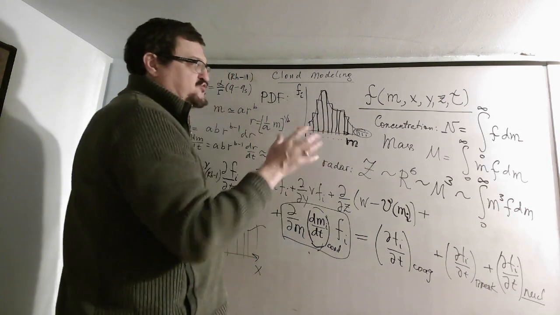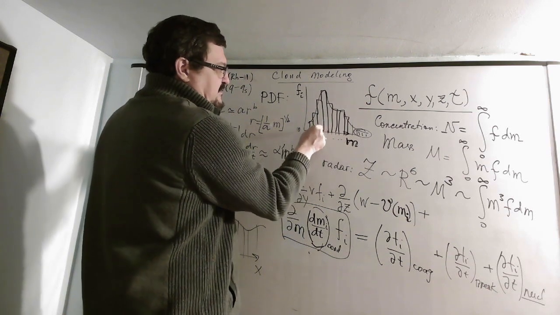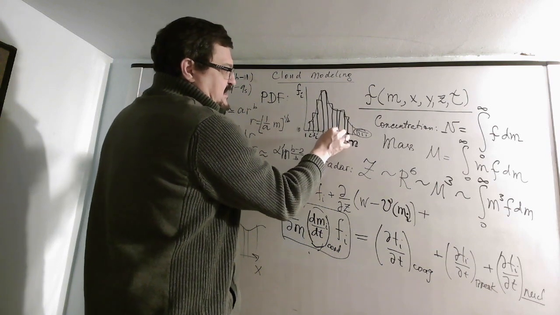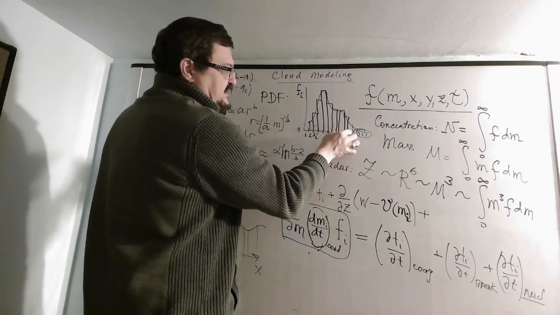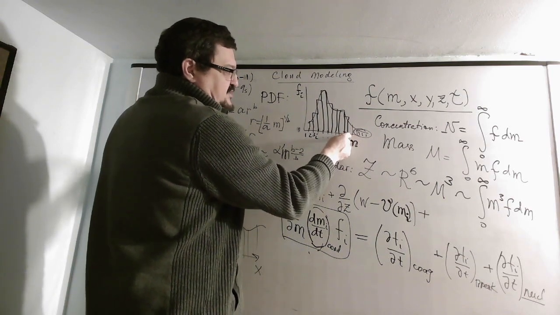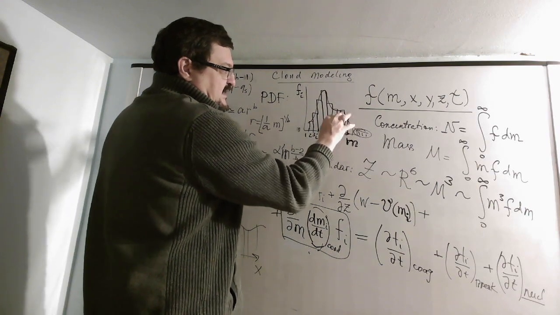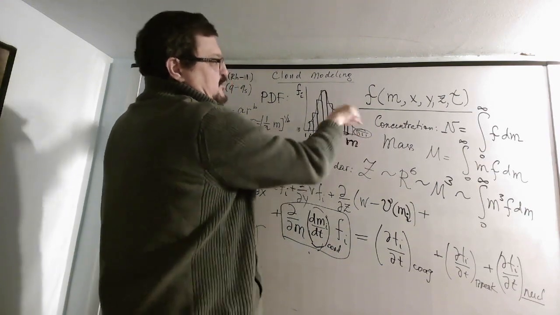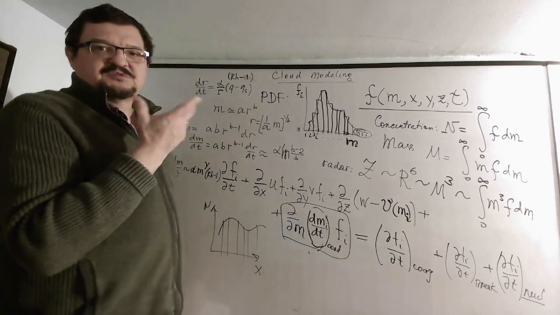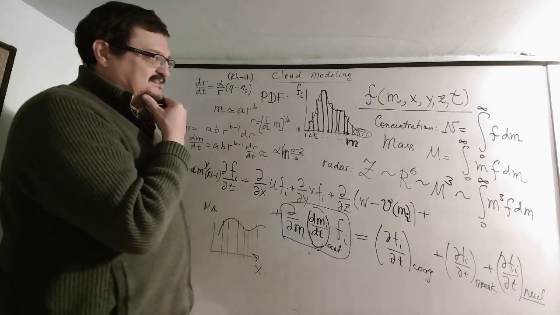So you need to keep track of bins that add mass from collisions of smaller bins, and then some process that removes mass from this bin by colliding this bin with some other bin which is larger in size, and as a result it will be an even bigger bin. That's actually the most difficult part of this code that you could encounter.